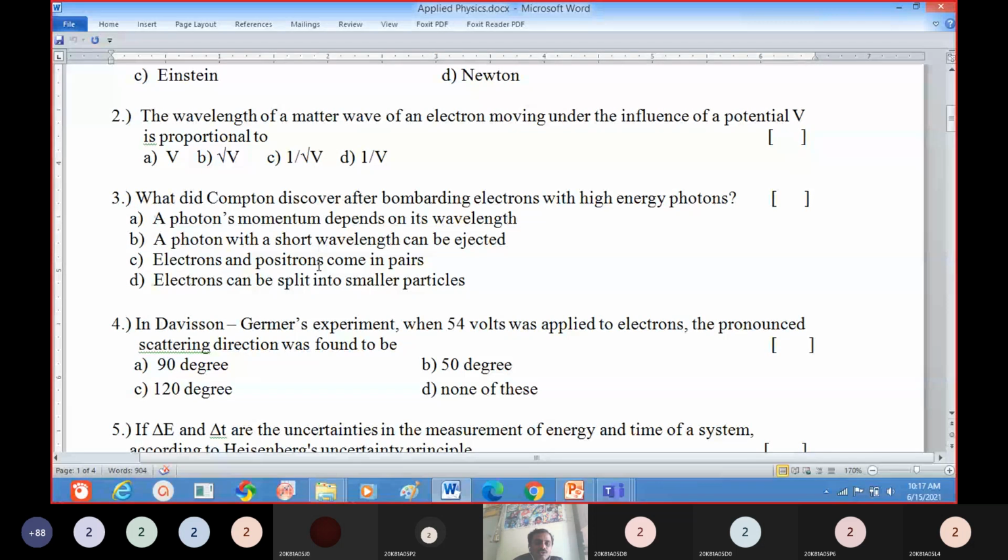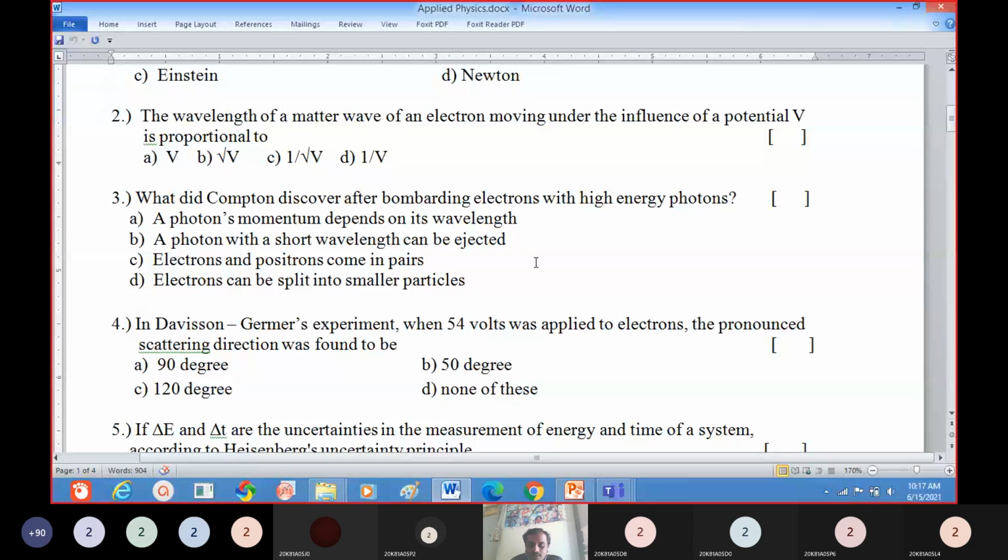Only option A is the correct answer because the photon's momentum depends on the wavelength. That means P is equal to hc by lambda, the photon momentum. So option A is correct here. Any doubt? No, sir.